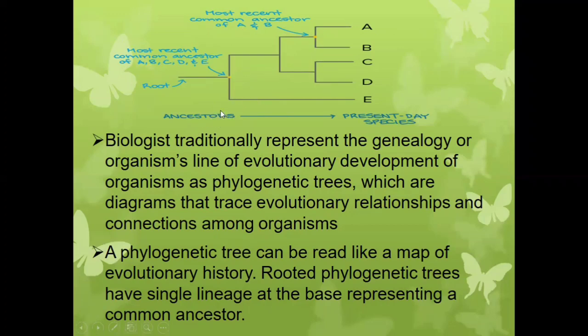We have here the ancestors, the common ancestors, and then that's the root. Nagsimula dito, and then by the processes of evolution to whatever environment they are facing, the present species result are here. Okay.